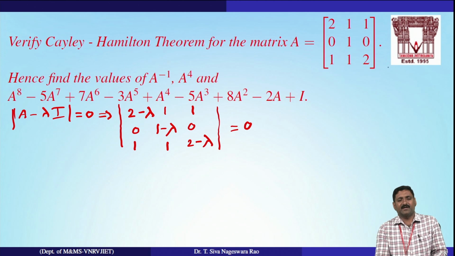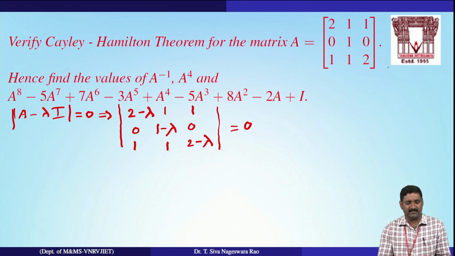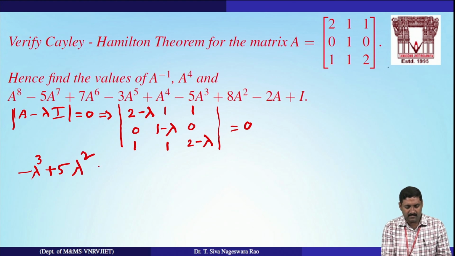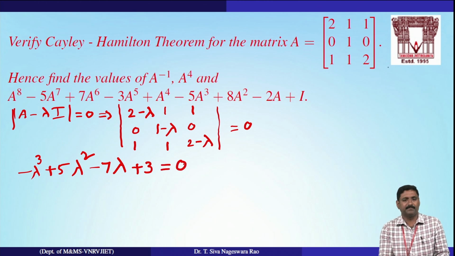By finding the determinant of this characteristic matrix, we will get the characteristic equation. The characteristic equation is minus lambda cube plus 5 lambda square minus 7 lambda plus 3 is equal to 0.